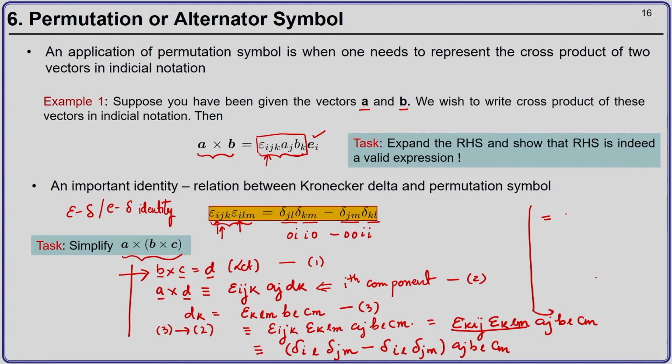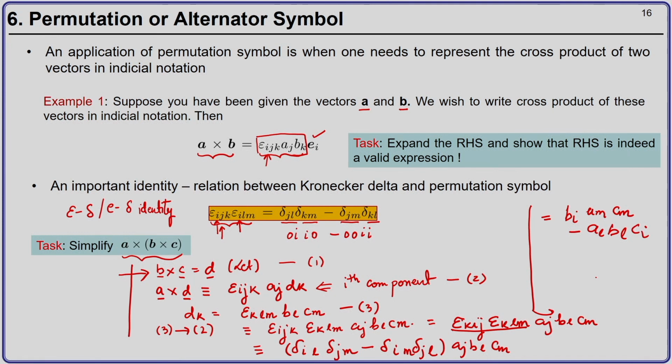So what you will have is B_i A_m C_m minus A_l B_l C_i.